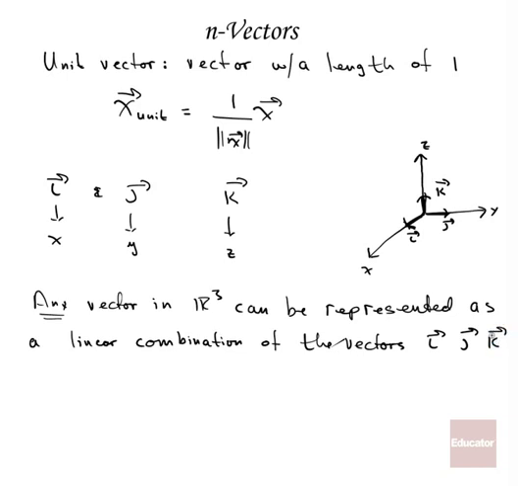In other words, I can take any vector and I can actually write it as a sum. That's what linear combination means. You're just adding multiples of these unit vectors. Very, very important unit vectors.